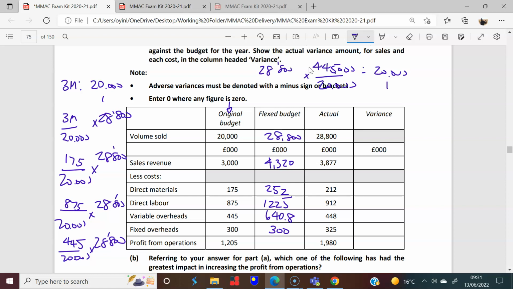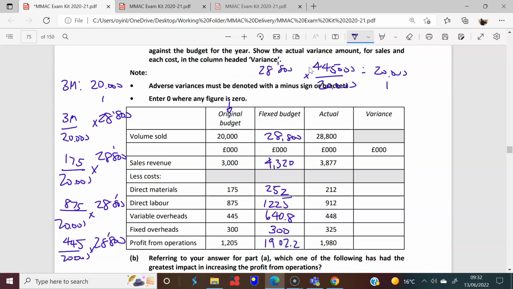So let's put it together. You have your sales revenue again, 4320 minus 252 minus 1225 minus 640.8 minus 300 gives you 1902.2.